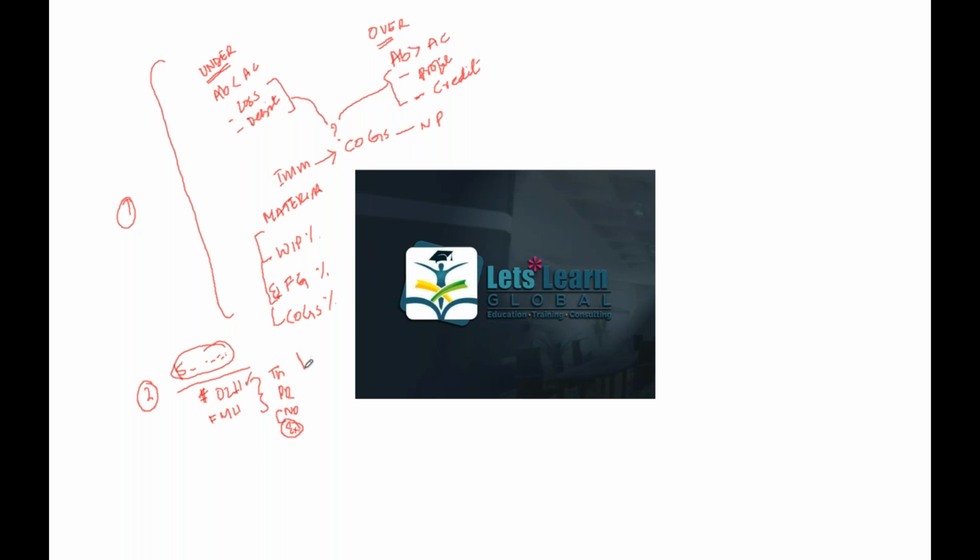Theoretical capacity will give you the lowest cost of production. Normal capacity gives a higher cost, but the expected level will give you the highest. It is suggested to always use expected capacity if it is different from normal capacity in the calculation of predetermined overheads.